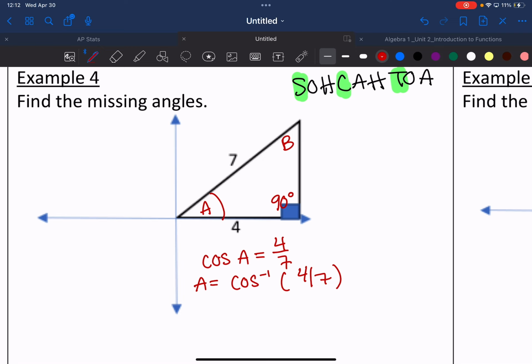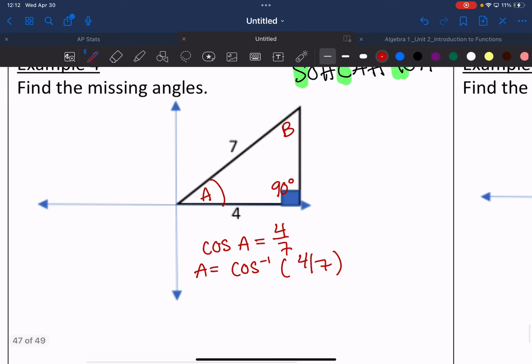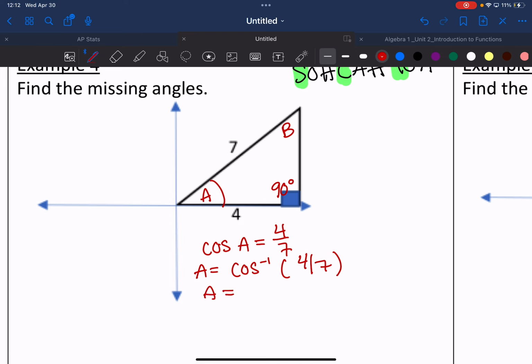And then hit enter. And then if I need to approximate it to get an angle measure, it's going to be 55.1501. Everyone get the same thing on their calculator? So A is equal to 55.15 degrees because we're talking about angles now.